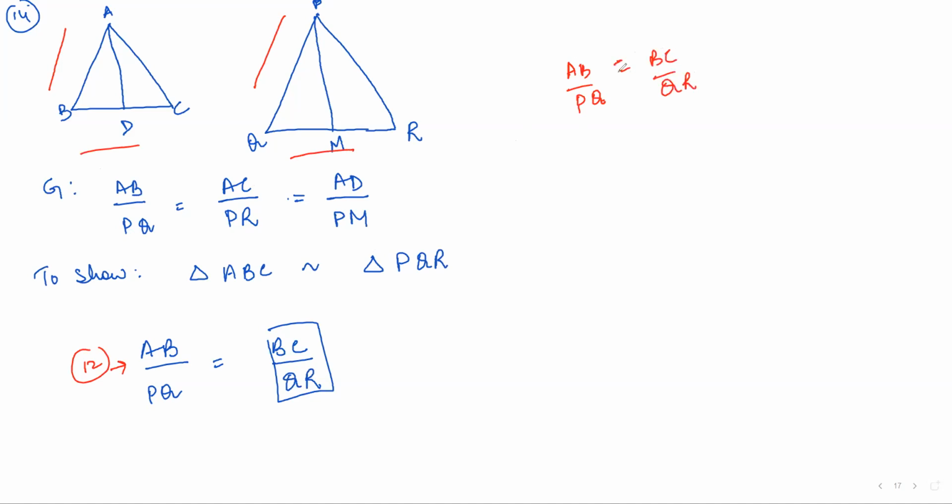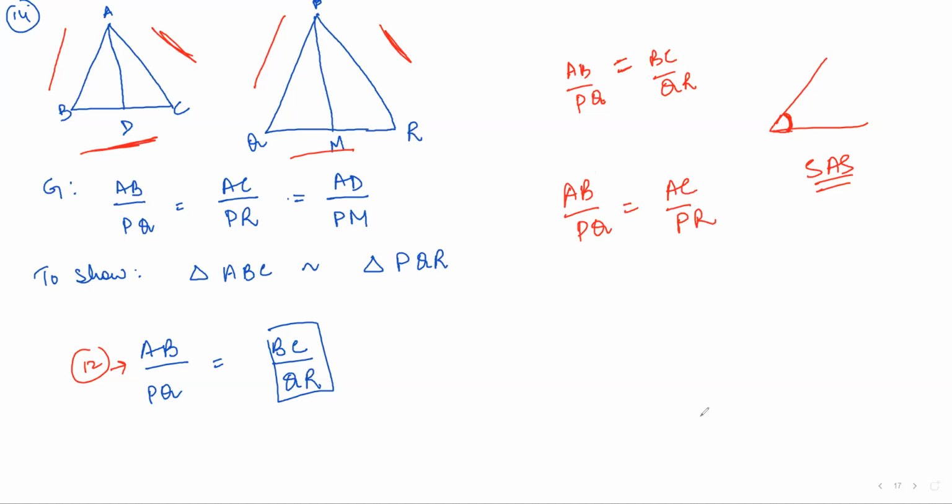So we took these sides, AB and BC, and showed the middle angle to be equal, so we used SAS criteria. Understood? Because they were already given equal. But in this question, it is not given equal. This side is not in proportion. It is given that AB by PQ is equal to not BC, but AC by PR.